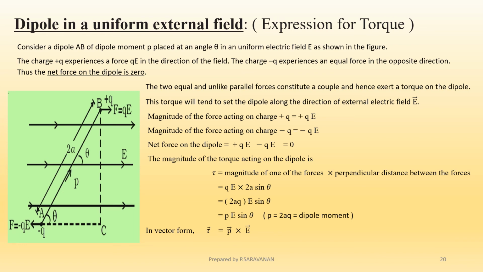But the product 2aQ is equal to p, the dipole moment. Hence, the magnitude of the torque is tau equal to pE sin theta. But torque is a vector quantity. Hence, in vector form, tau vector is equal to the cross product of p vector and E vector.